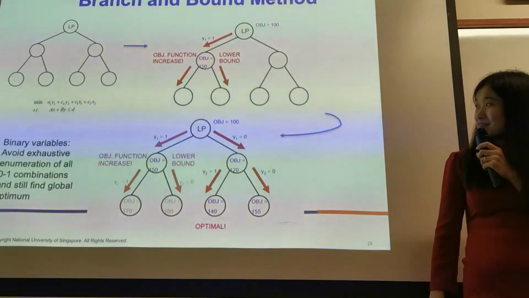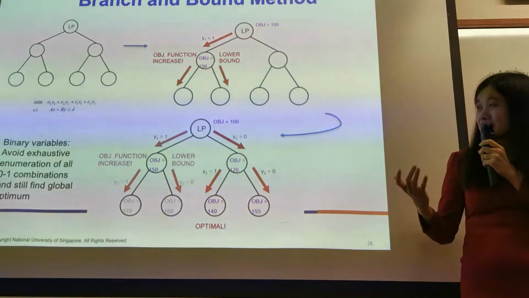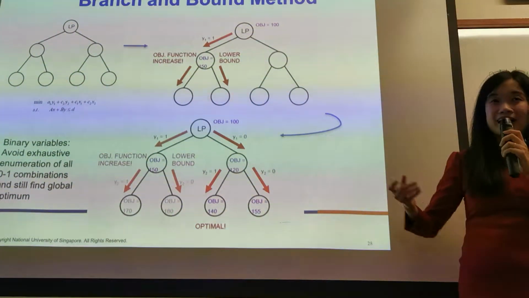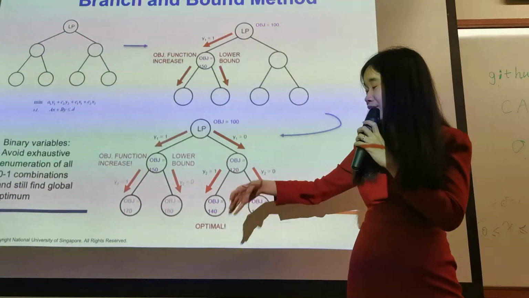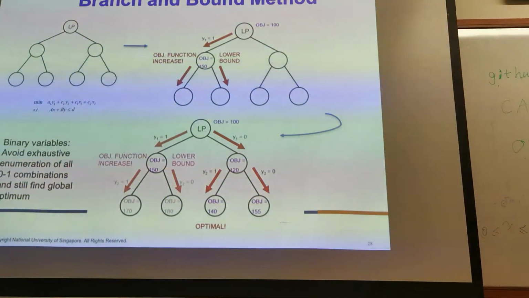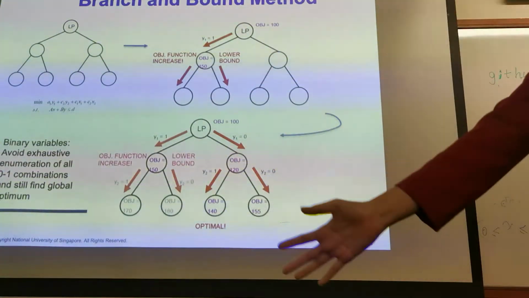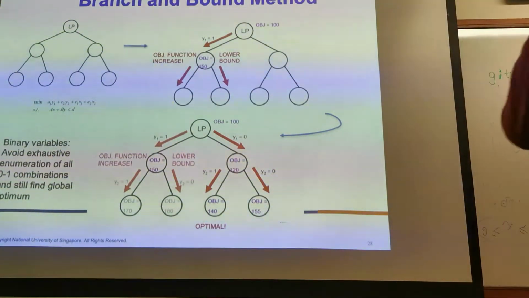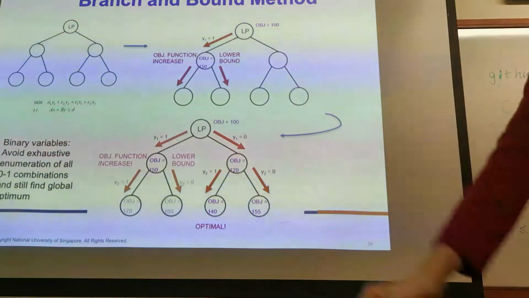So this case seems like an enumeration, but in the real algorithm, it will cut some branches. Either it's infeasible, or if this branch is less optimal than the other branch, it will only go with the most promising branch, but not the other less optimal branch. So we don't have to list all the options and compute.